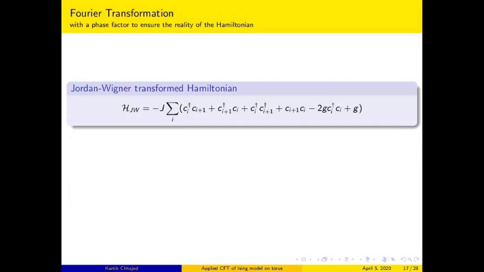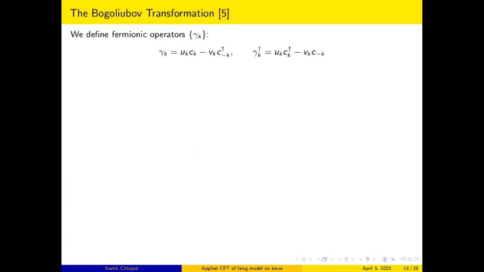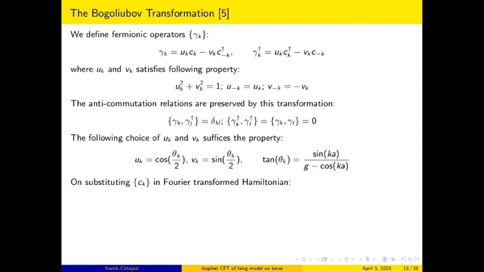Before that, we are going to perform a Fourier transformation of this Hamiltonian, and if I define the fermionic operator gamma k like this, where this expression follows this property, then gamma k follows the anti-commutation relation which we expect from any fermionic creation and annihilation operator.